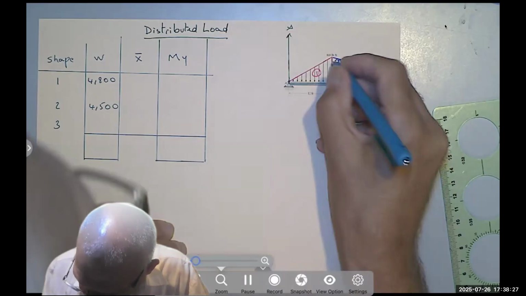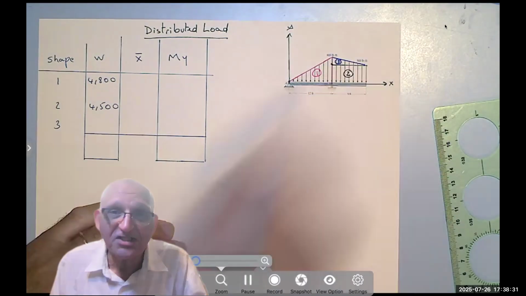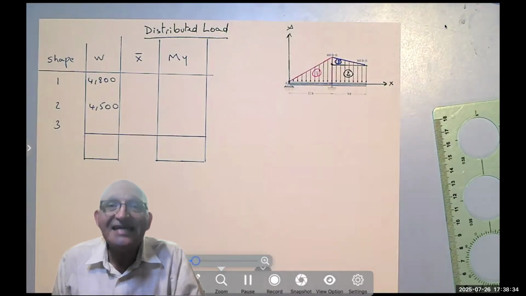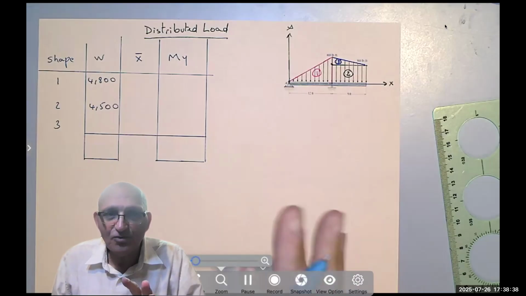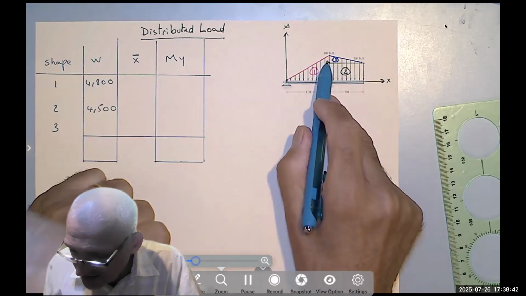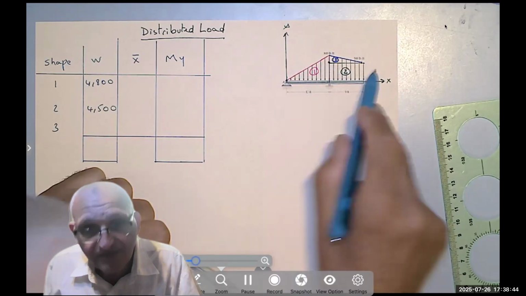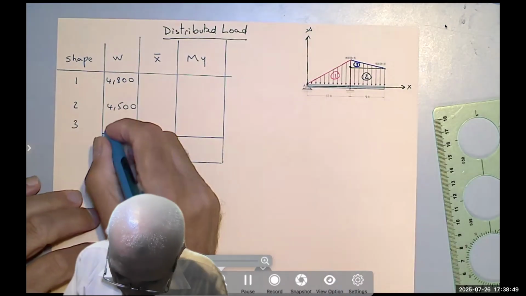The height of the triangle starts from here, which is 500, up to there, which is 800. So it's only 300. But that's a common mistake. I've seen it too many times to be comfortable with it. So 1/2 times 300 is 150, and 150 times 9 is 1,350. Okay?